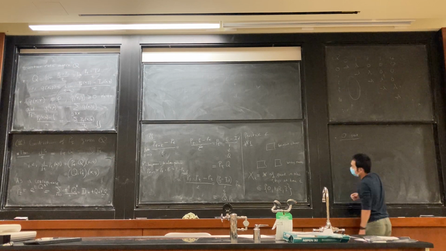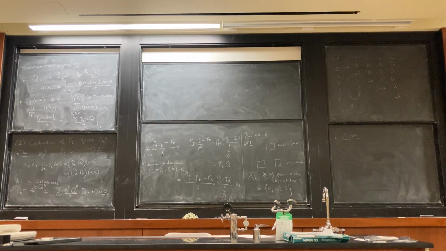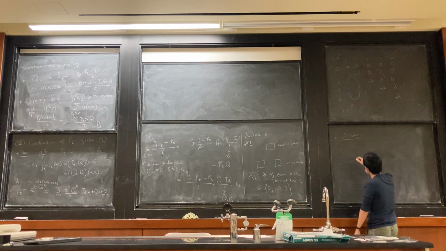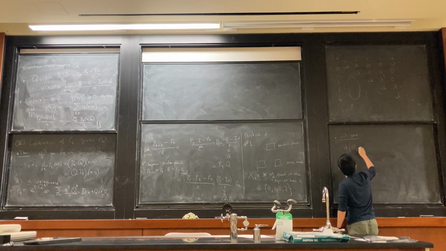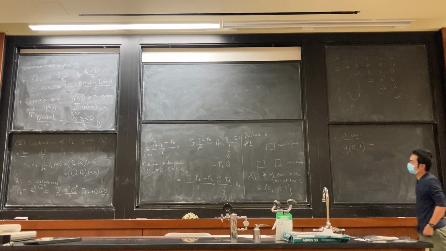Suppose there is no guest at time t. Where can I jump to? I can only jump to 1, because I cannot have 2 guests arriving at the same time. I don't take that into consideration. You can only have 1 guest arriving.